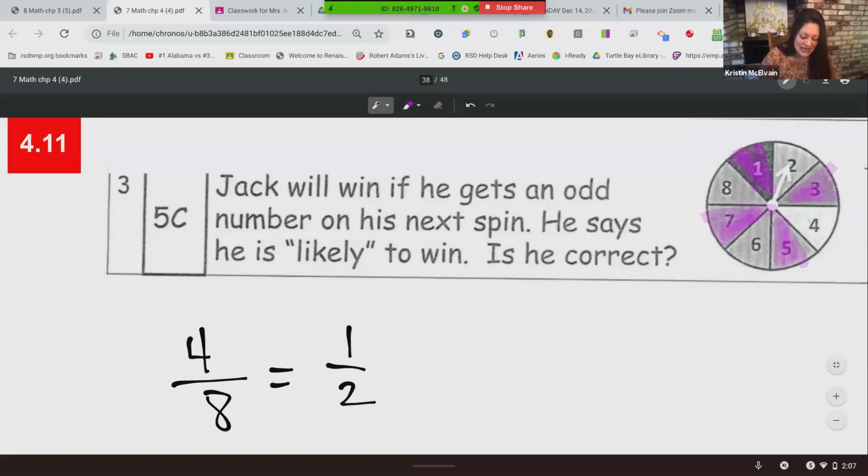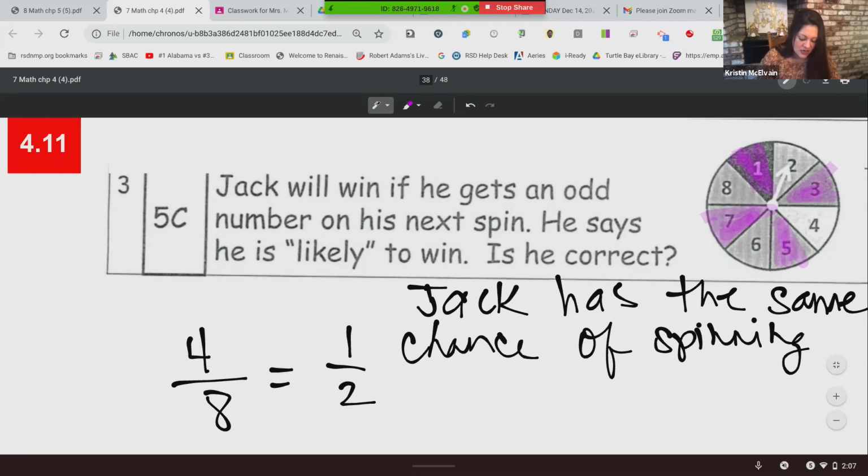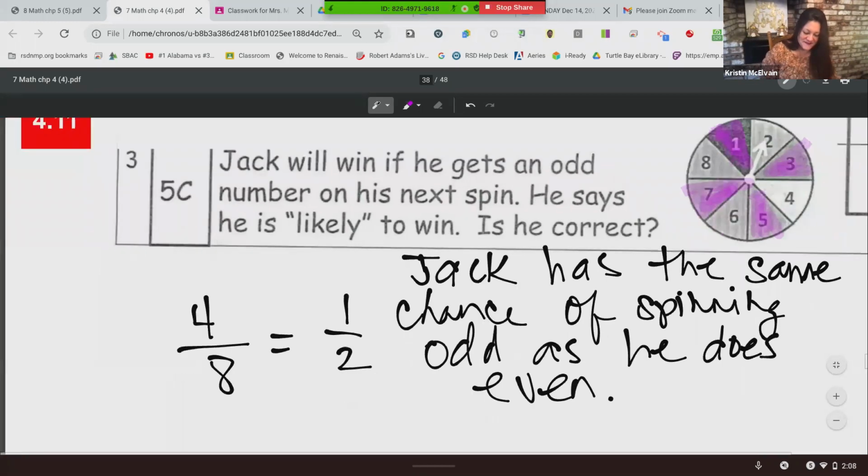No, because he has, so we would say Jack has the same chance of spinning odd as he does even. But Jack, I do appreciate your optimism. Hope you get it. All right.